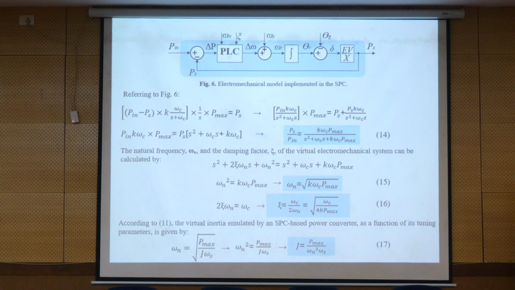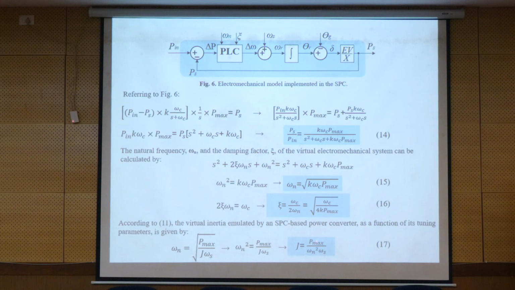Omega n is the nature of the system. It's not a constant value. It's the nature of the system, it's a natural frequency. We can't change this value, but based on that, we should play with the parameters, with the voltage, frequency, lots of things.